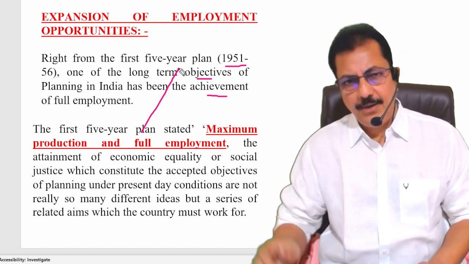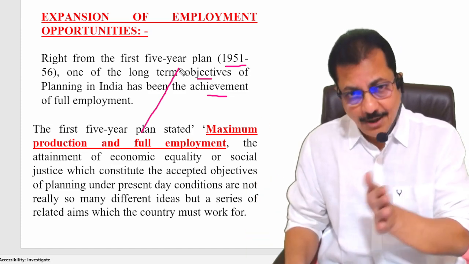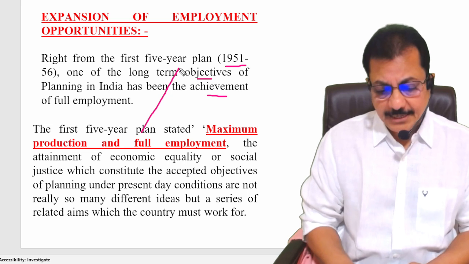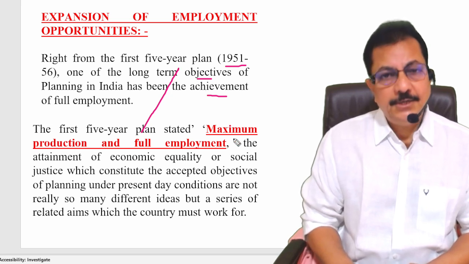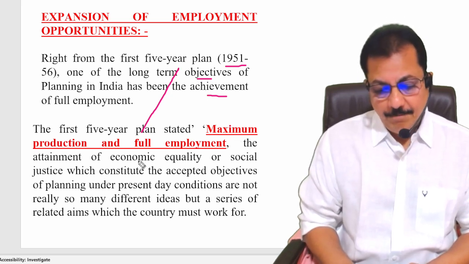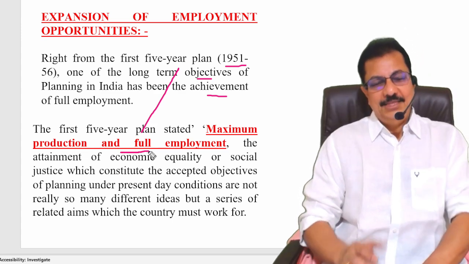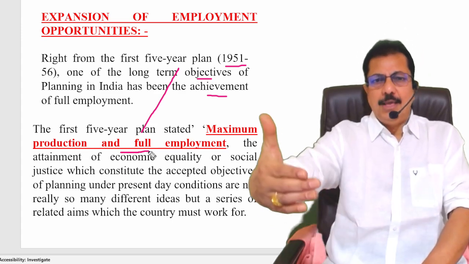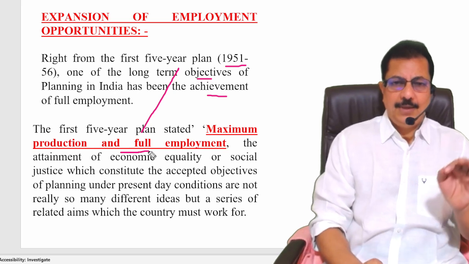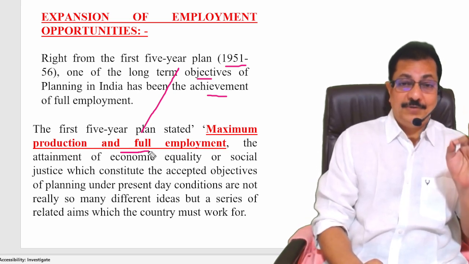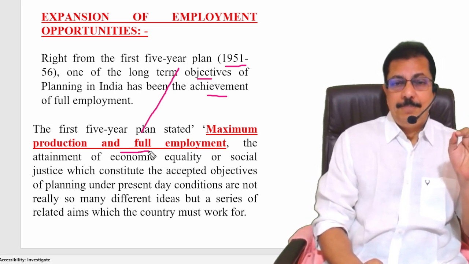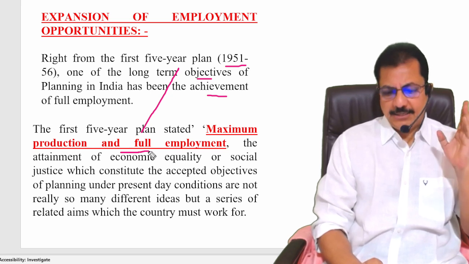After that, what happened? That we are going to discuss in the next session. So, the first 5-year plan stated maximum production and full employment. This will lead to rapid economic growth. That is the reason why our planning emphasized this from the first 5-year plan itself.